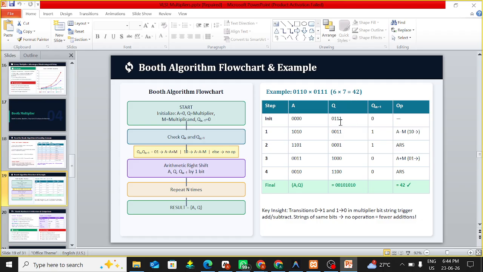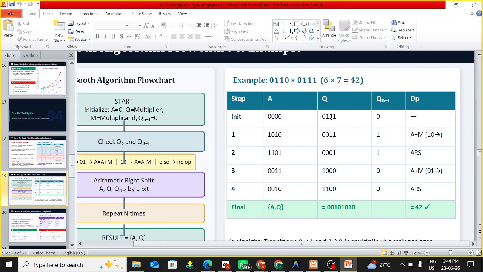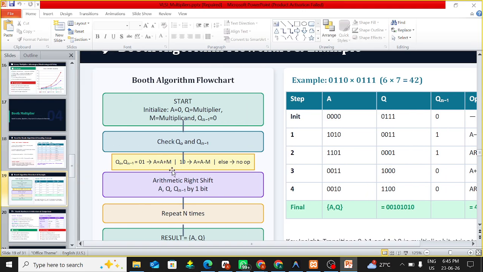Now look here. What is your Q0? It is 1. This is Q0, Q1, Q2 and Q3. Q0 is 1 and Qn minus 1 is 0. So now we have different values, which means we have a transition, 1, 0.